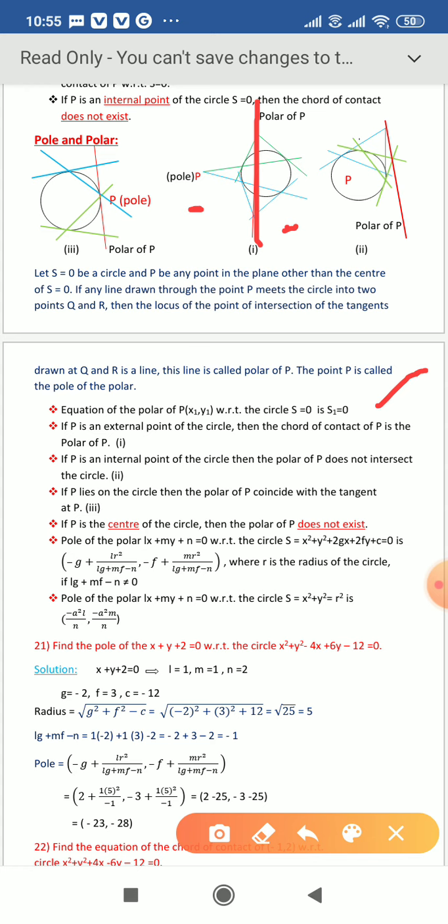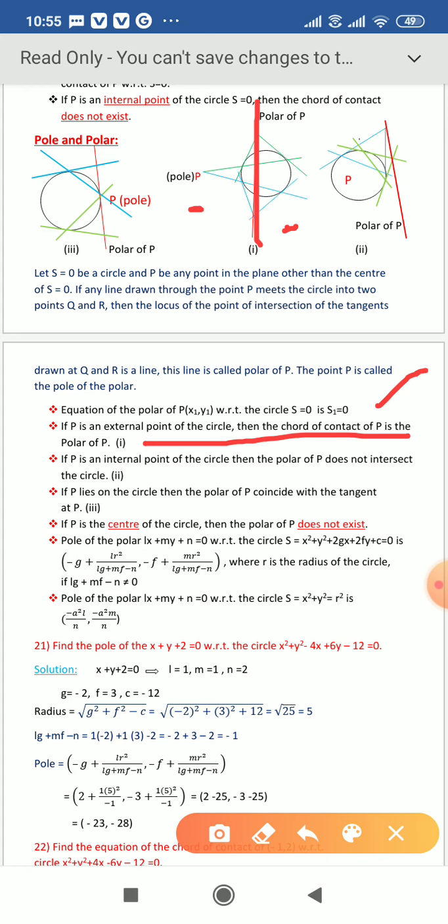If P is an external point of the circle, the polar cuts the circle at 2 points. Same as the chord of contact. If P is an external point of the circle, the chord of contact also cuts the circle at 2 points. So, if P is an external point of the circle, the chord of contact of P is also the polar of P. So, the formula is the same, S1 = 0.